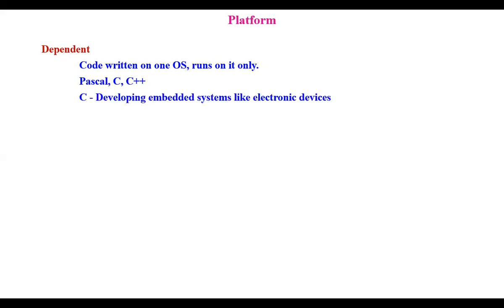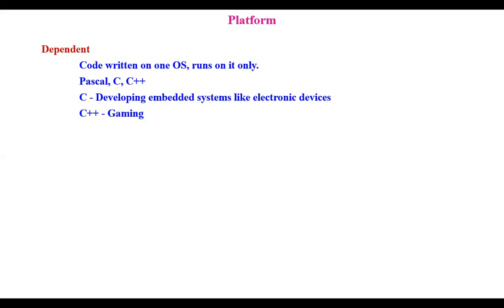Suppose the programs are written in C, developing embedded systems like electronic devices. Once they are developed for one particular system, they cannot be executed on other systems. That is called dependency.